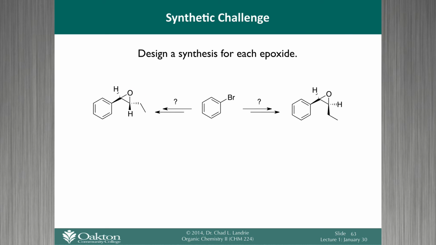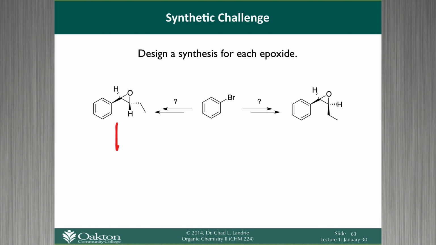Alright, your goal now is to design a synthesis of each of these epoxides. The left-hand epoxide is a trans epoxide, which means we'll probably have to get it from a trans alkene. So when you're working backwards, your first step is to think, what alkene could I make that epoxide from?